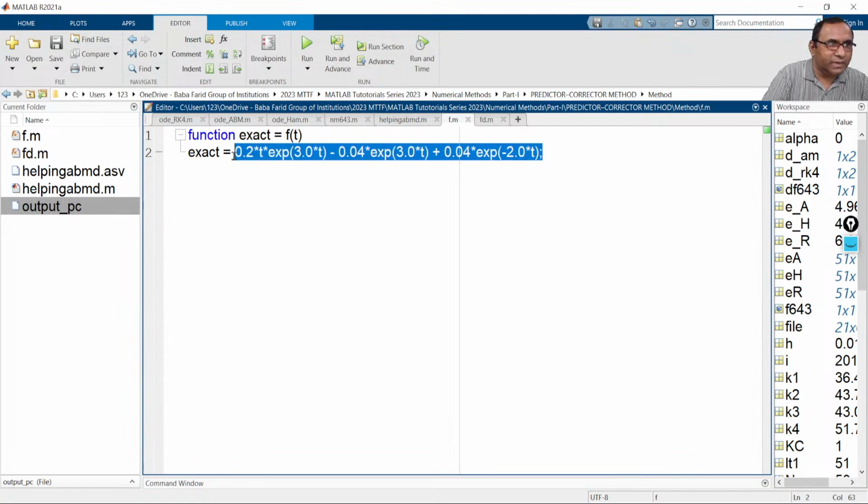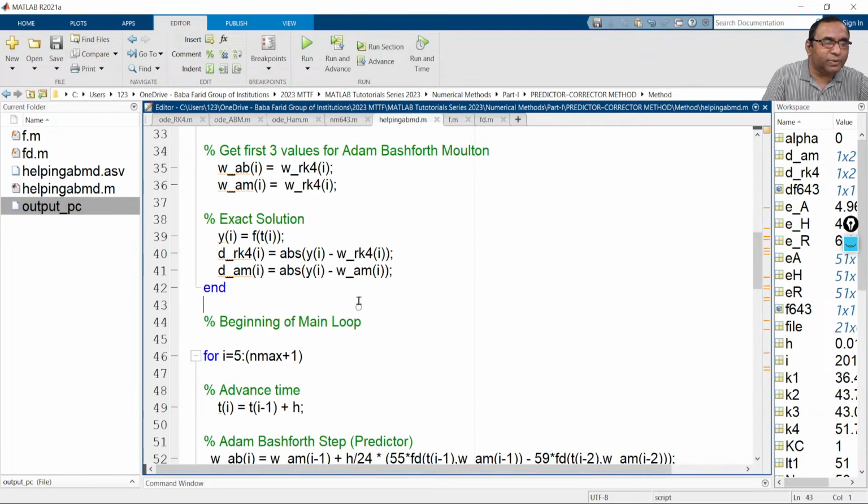I write the exact solution in the form of a function, and then I call this function at this place. Note this point very carefully. Sometimes when the computing part is long, we can divide it into several parts, and sometimes we need to create a separate, user-friendly function so that the program becomes friendly.